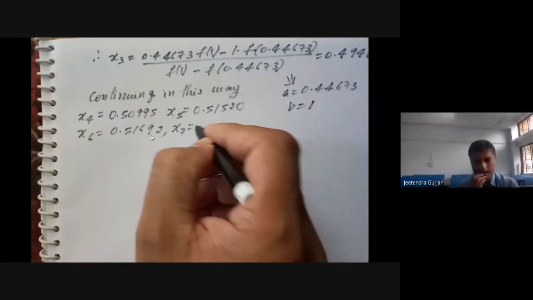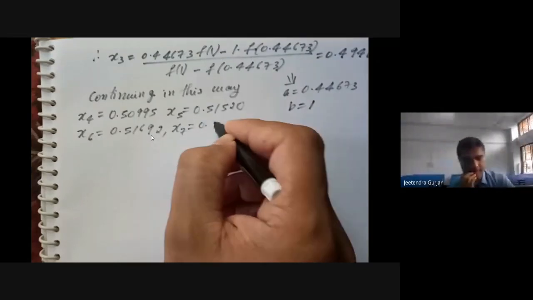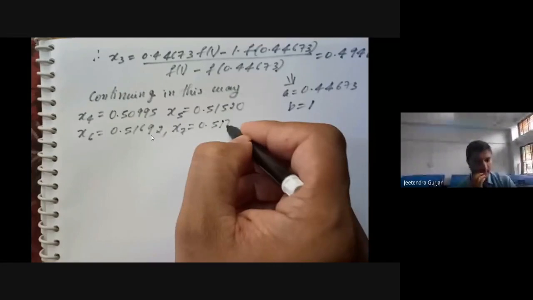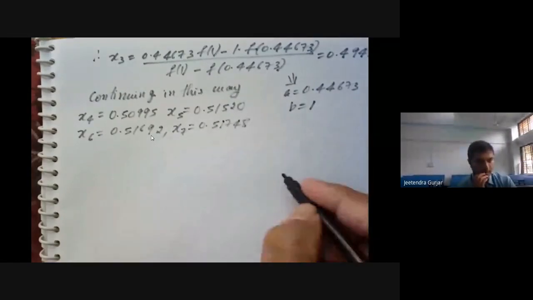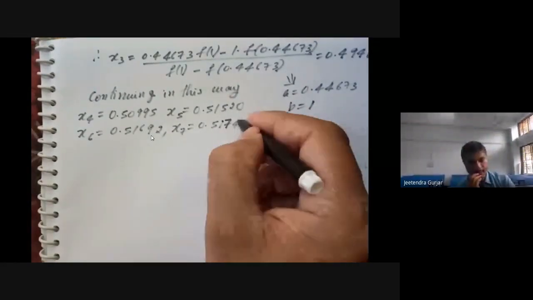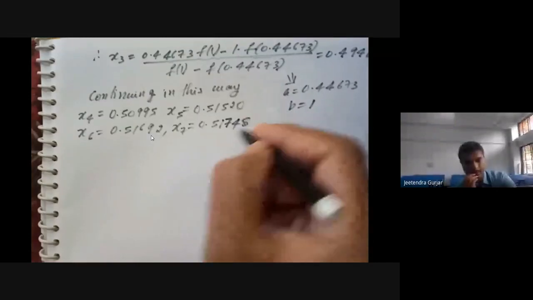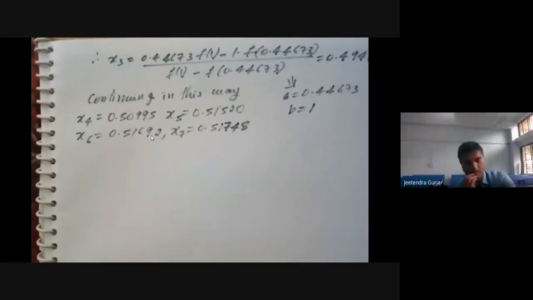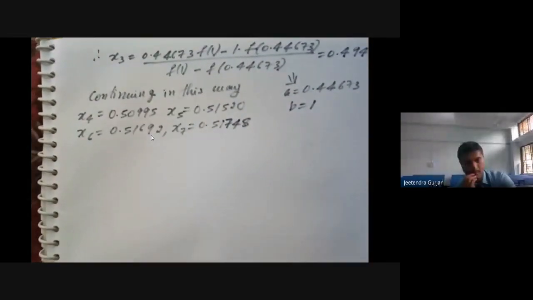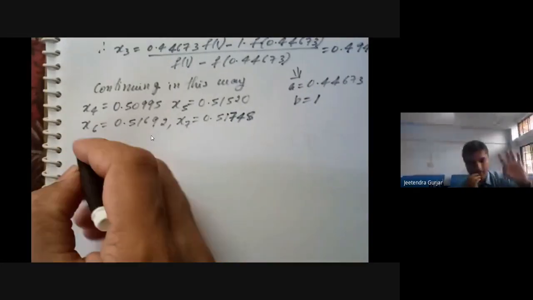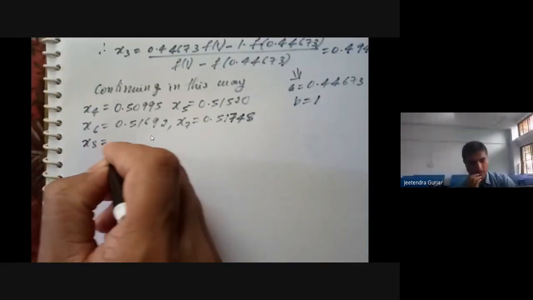So I think many of them have got the answer. I'll just write it down and you can practice this answer. That is x7 is equal to 0.51748. Yes, this much is enough. Rashmi, Nupur, 0.51774, this much is enough. Fine. 4 decimal places is also okay.